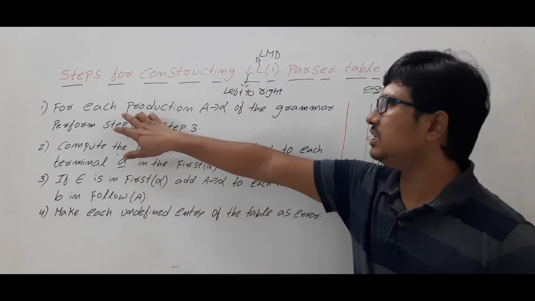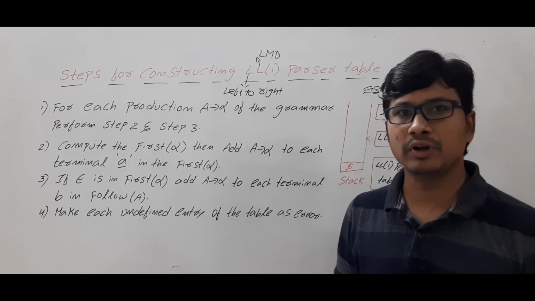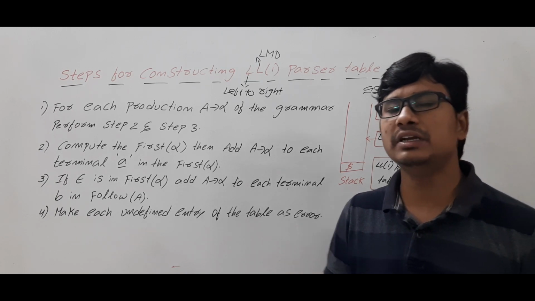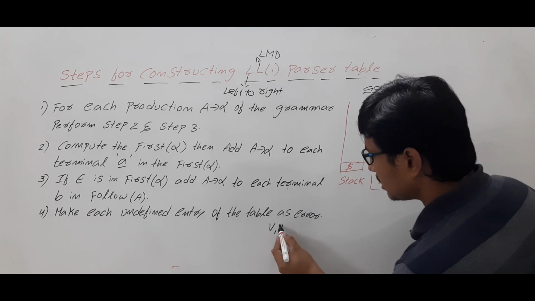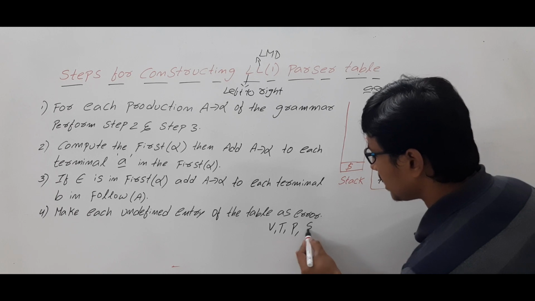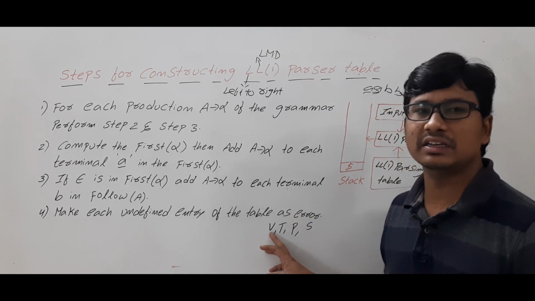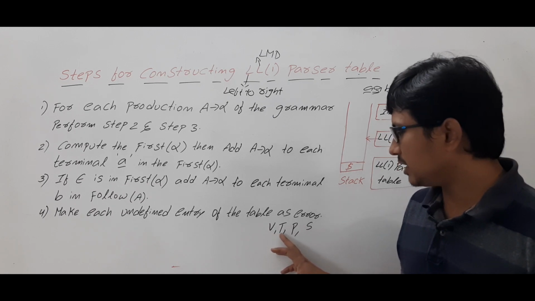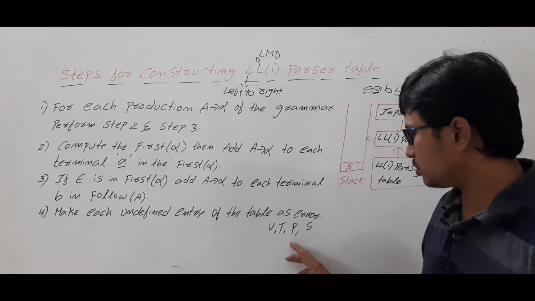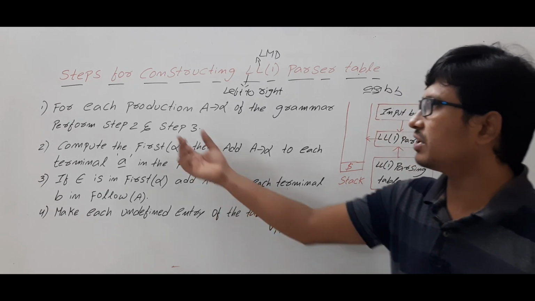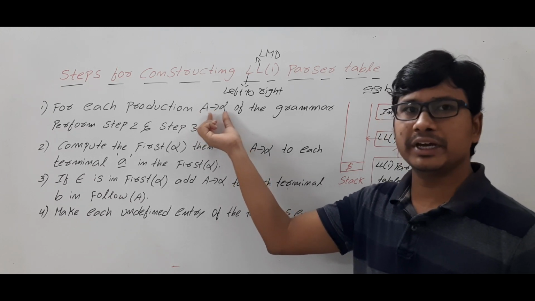Okay, so for each production, if you have a grammar, obviously you will have productions. What is the representation of a grammar? It is represented in the form of variables, terminals, productions and the start symbol. Am I right or wrong? So these variables, I can say them as non-terminals, and these are the terminals, and the set of productions and the start symbol. So if you have a set of productions, for each production, let's take that a non-terminal derives something.